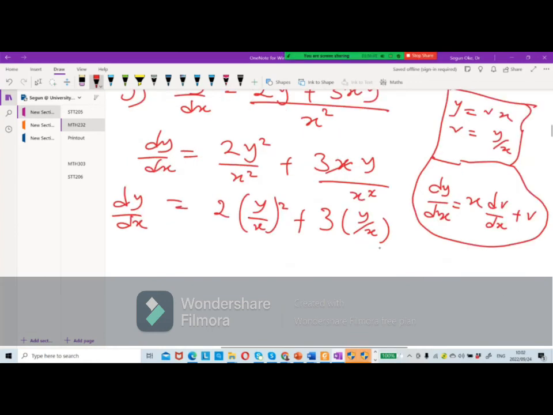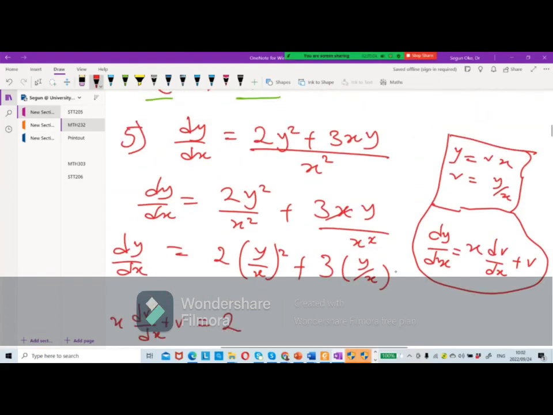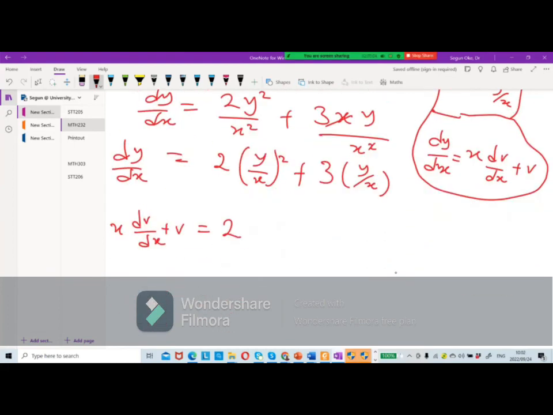Once you have this at the corner, you can substitute. So I'll just say x dv dx plus v equals 2. I have y over x. Y over x is what? It is equal to my v. Substitute it. Just put v squared plus 3v.